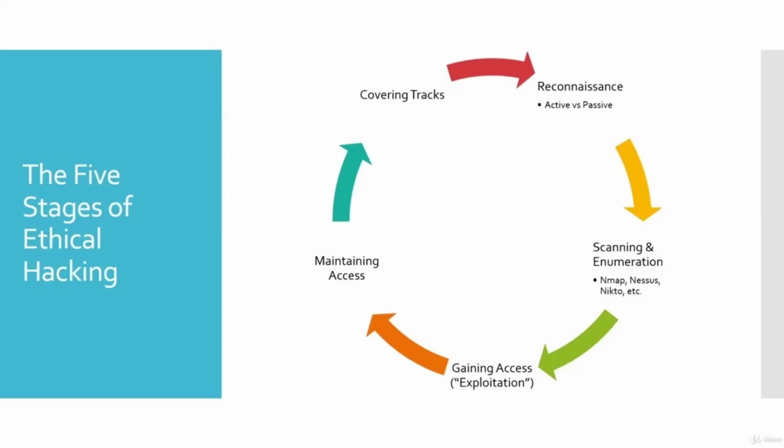Then after the scanning and enumeration phase or stage, the next thing we have is getting access, or we call it exploitation. So from your scanning and enumeration phase, you have probably found out which ports are open on an IP address. I'm going to take an IP address just to keep it simple. You have figured out which ports are open, which services are running, and what versions of those services are actually running.